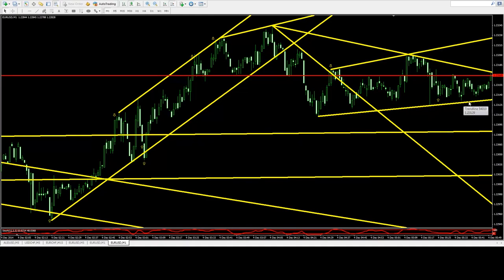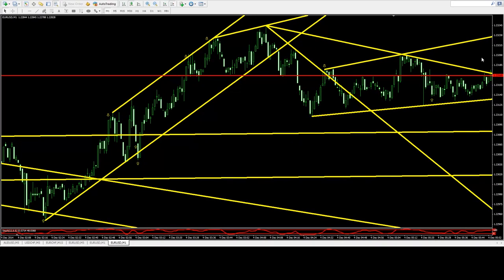Now the next valid level is this one here, and this one here, and this one here. So here we have the first break and closure above this level. So again, as I explained earlier, this would be a possibility to trade down. 5-minute expiry if we are counting on the short-term resistance.